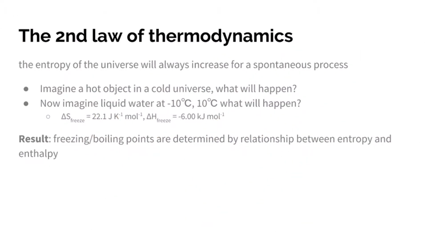So the result we get out of this is that very often, actually all the time, the spontaneity of an event or a process is determined by the interplay of entropy, enthalpy, and temperature. That's what I really want you to get out of this, because that's what we're going to be moving on to, looking at entropy, enthalpy, and temperature. SHT.